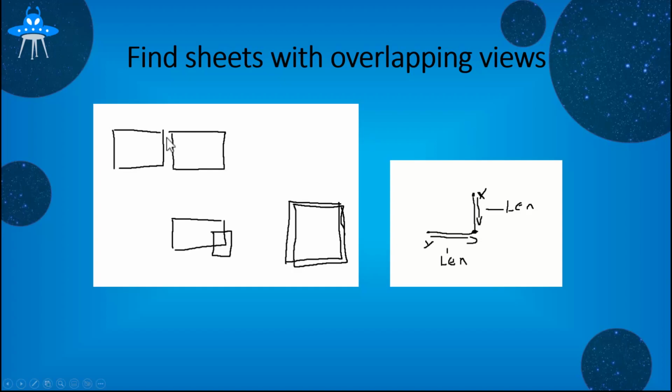Really, that's pretty straightforward because all you have to do is check: does it intersect? There's an intersect method in Dynamo that allows you to look at two bounding boxes and see if they intersect.